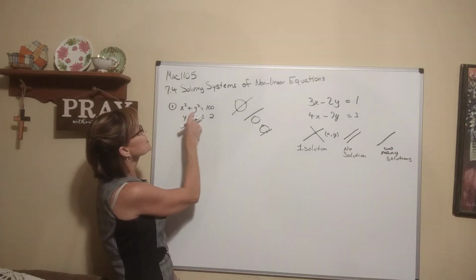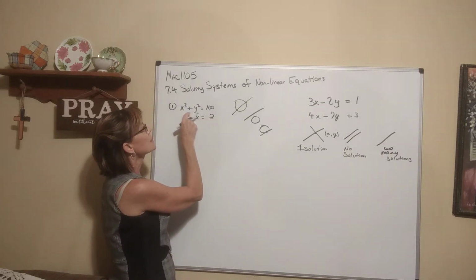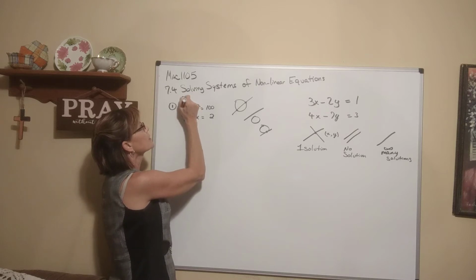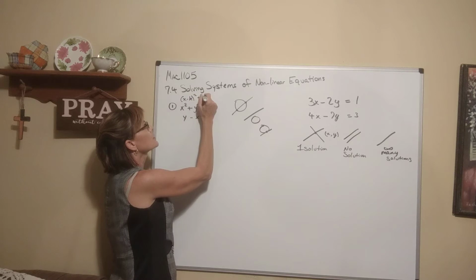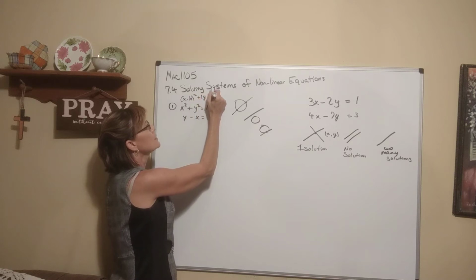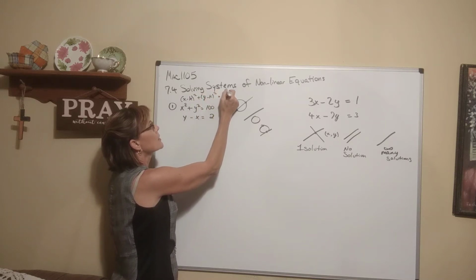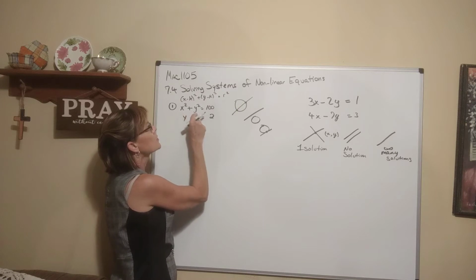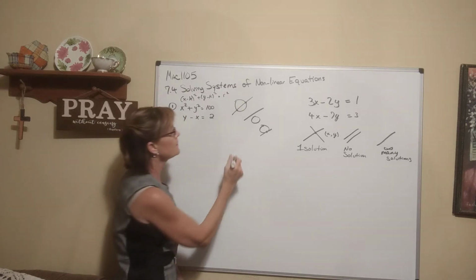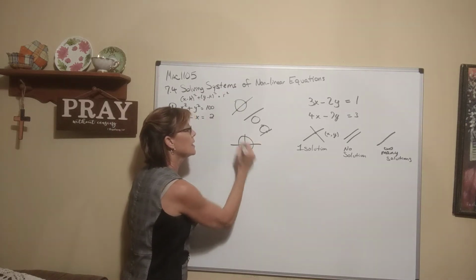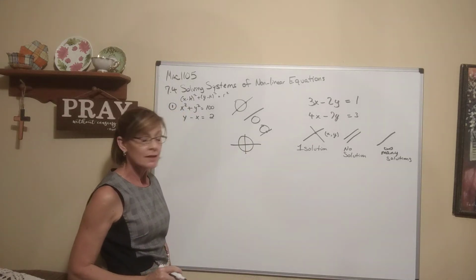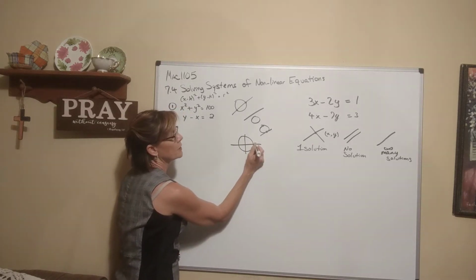If we look at this circle, if you recall the standard form, x minus h squared plus y minus k squared is r squared. What we're looking at is a circle that's centered at the origin with a radius of 10. So this would be the point, maybe 10, 0.